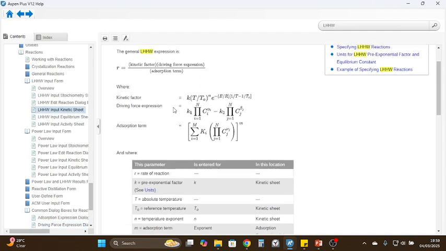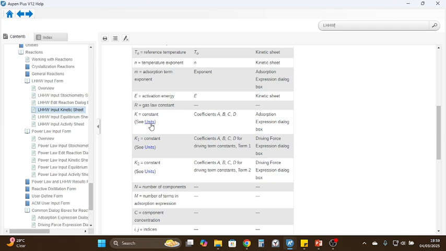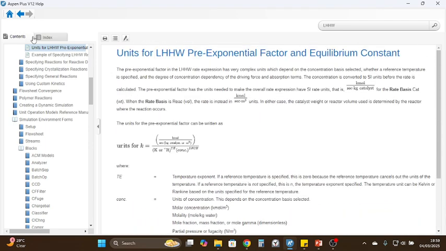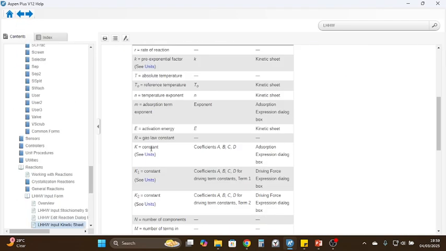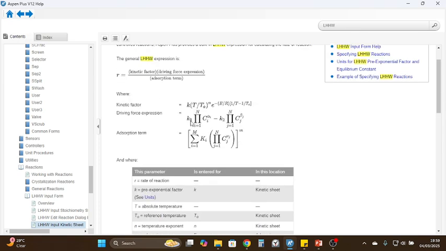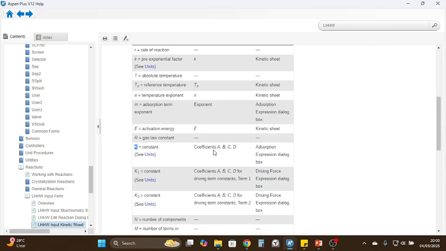In this driving force expression, this is the adsorption expression dialog box over here. We need to specify these components A, B, C, and D to get the values of this constant K. We are solving this particular equation for which these coefficient values have to be given.